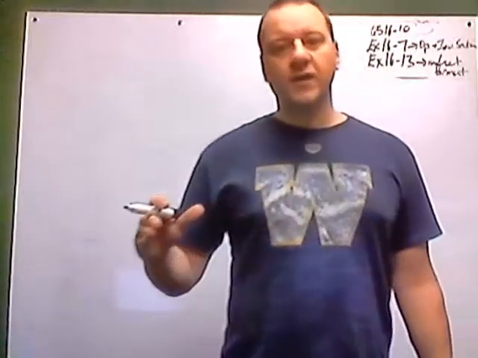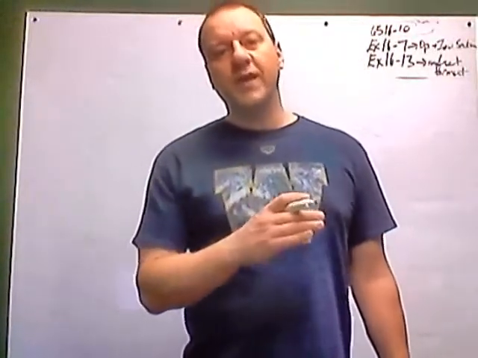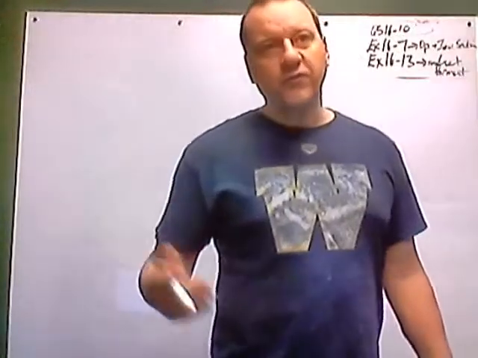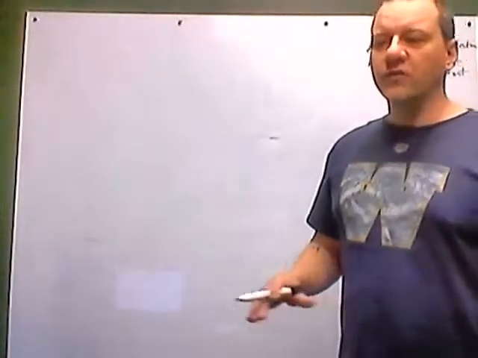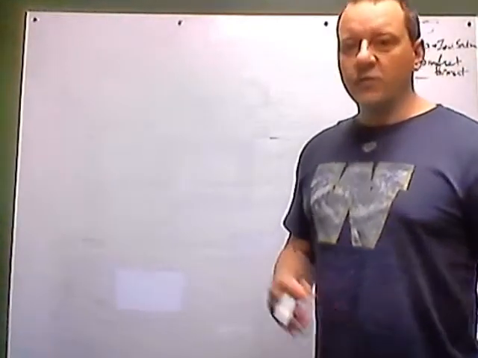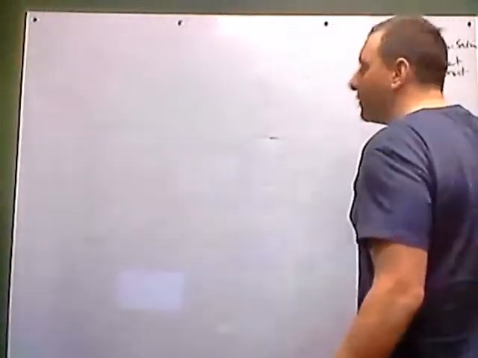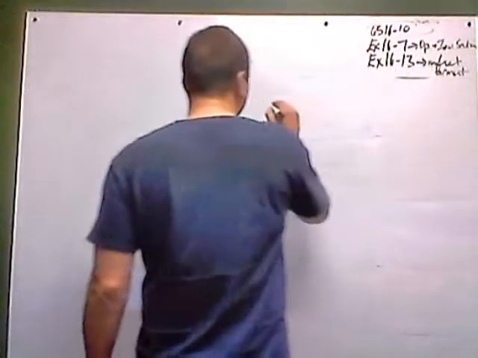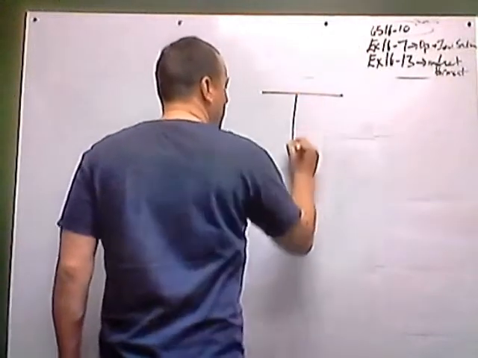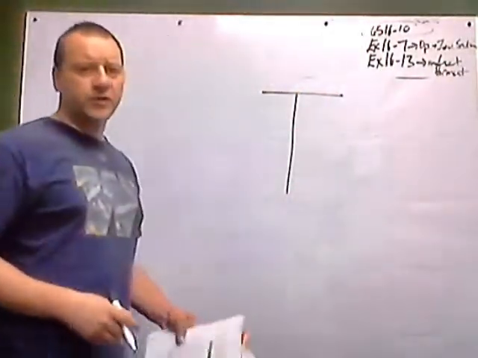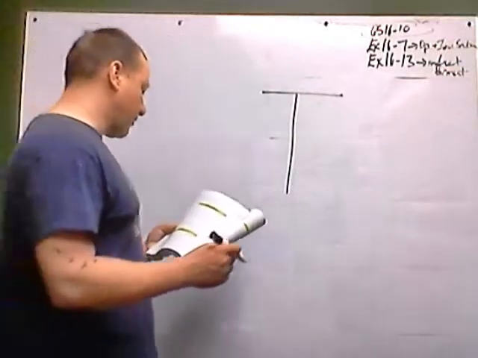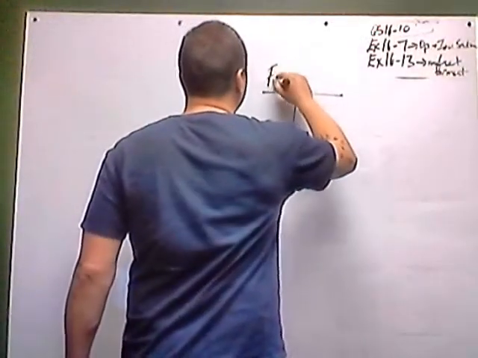You can do that in a T account, or you can do it in a journal entry format, whatever suits you best. But in this case, where you're comparing one year to the next, it might be better to use a T account. So first of all, we have our T account there, and we have our franchise fee.